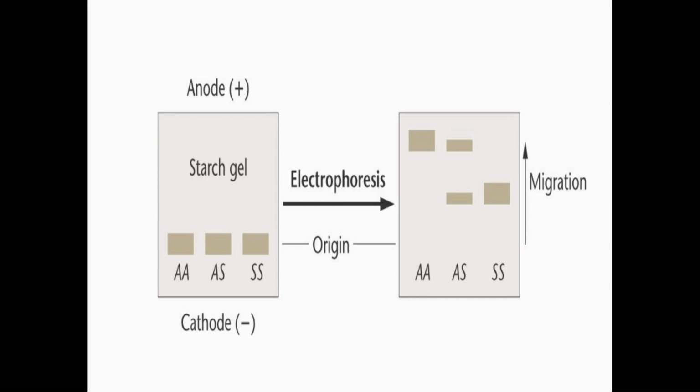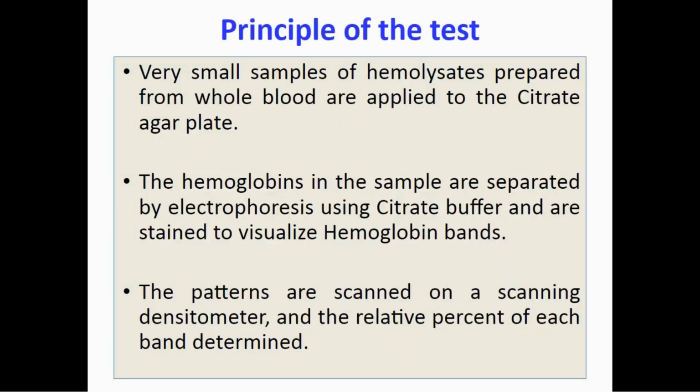The AA variant of the hemoglobin is most attracted by the anode, while the SS variant is least attracted by the anode.